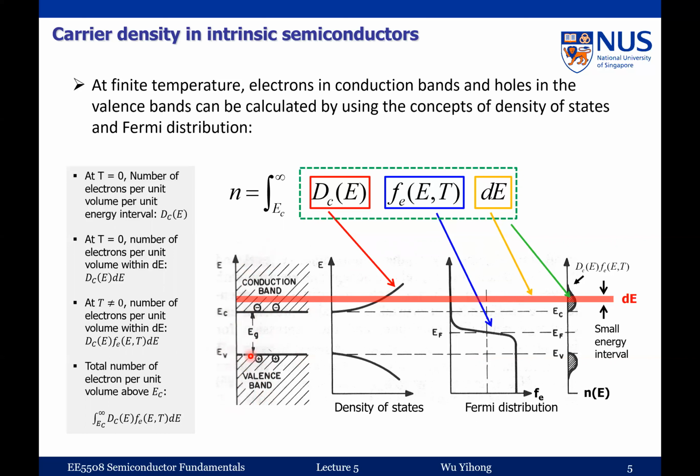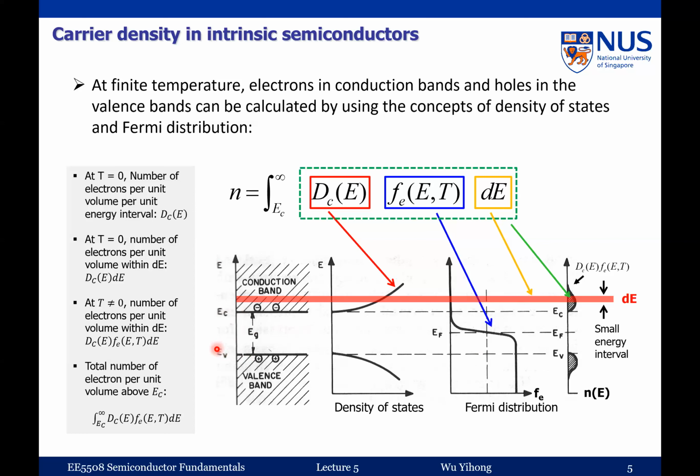If you use this EV as a reference for your energy, then this will be 0, and this will be EG, all right? And of course, you can put your reference here. That's your choice, right?